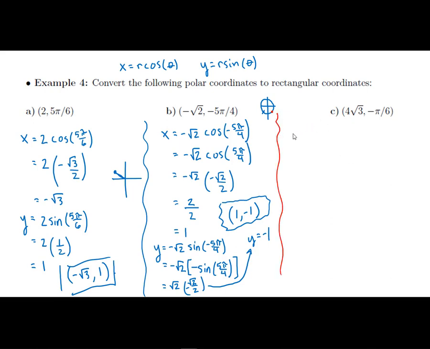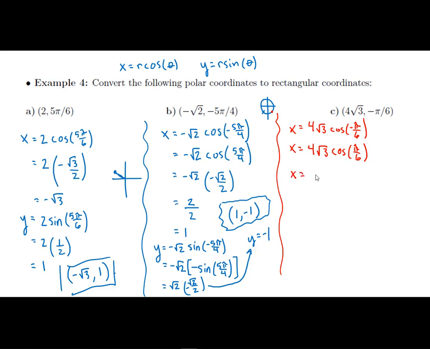All right, and then lastly here, x equals 4 root 3 cosine negative pi over 6. And the cosine of negative pi over 6 is the same as the cosine of pi over 6, which we know is the square root of 3 over 2.